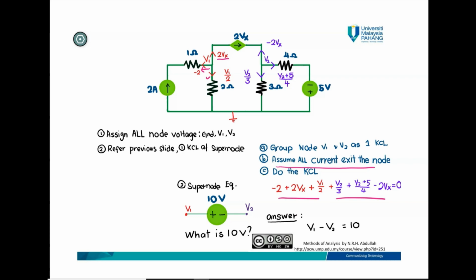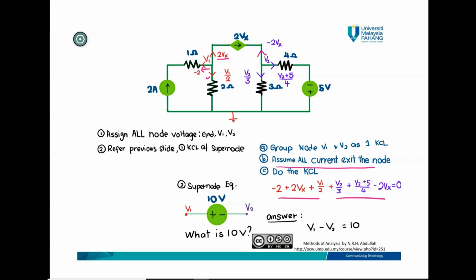And then for the currents at the right side of the node, which are the currents that exit node V2, you have to add the current that exits the branch, which here is minus 2Vx, because it is opposite in direction to the dependent current source.